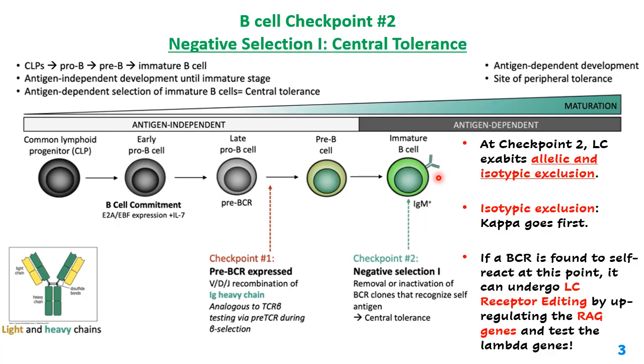So all this process of, okay, it didn't work, let's rearrange the receptor, that's the receptor editing part of your B cell receptor development, and everything here is happening in the bone marrow. So this is why it's called central tolerance.